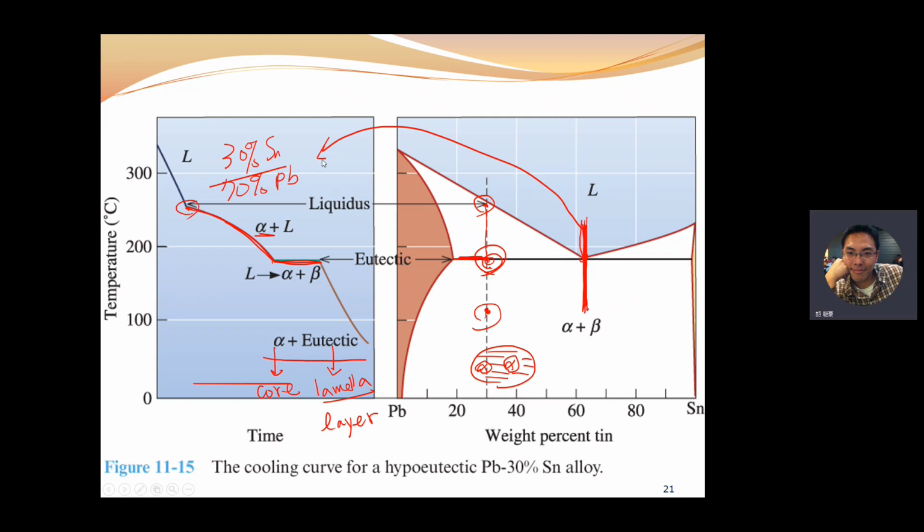For example, when I want to do the experiment to heat up to the liquidus temperature, and we find out when the temperature cools down to a specific temperature, this liquid solidifies into two solid phases, right?